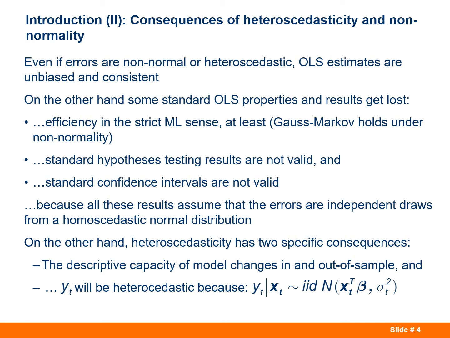Even if the errors in the model are non-normal or heteroskedastic, OLS point estimates will be pretty good, as they continue being unbiased and consistent. On the other hand, you will lose some standard OLS properties. First of all, your estimates will not be efficient in the strict maximum likelihood sense.